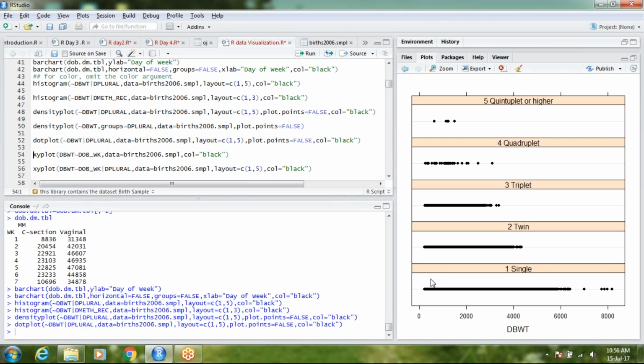You can see the percentage of people born as single is quite high. Twins are a little less, and the weight is also more on the lesser side. Singles have a distribution that starts from some lower value and goes up to some higher values as well. For twins, this is the higher limiting value. For triplets, it is less, and again for higher factors, it goes even lower.